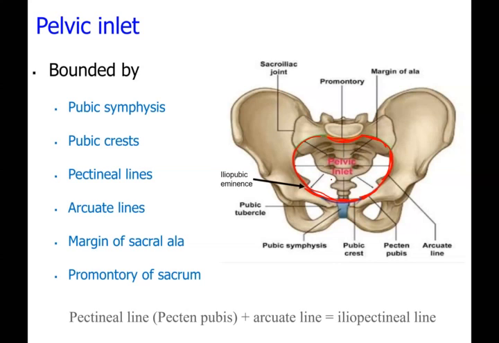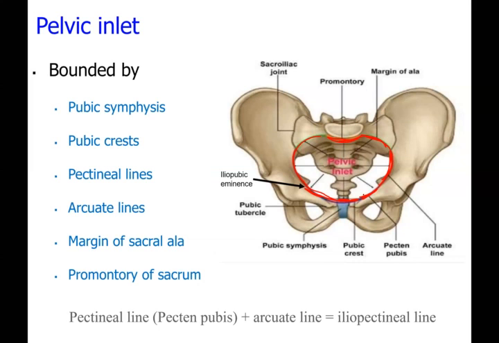And I don't know whether this disturbs your view. I can bring it down. Can you see this? I don't know. Anyway, now when you talk about the pelvic brim, the pectineal line and the arcuate line.